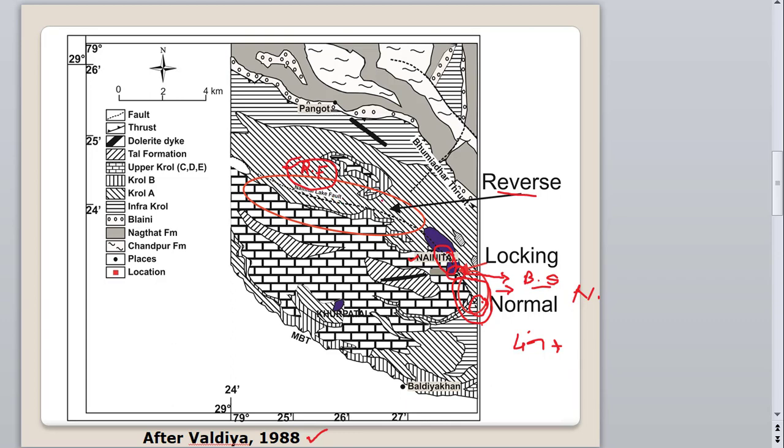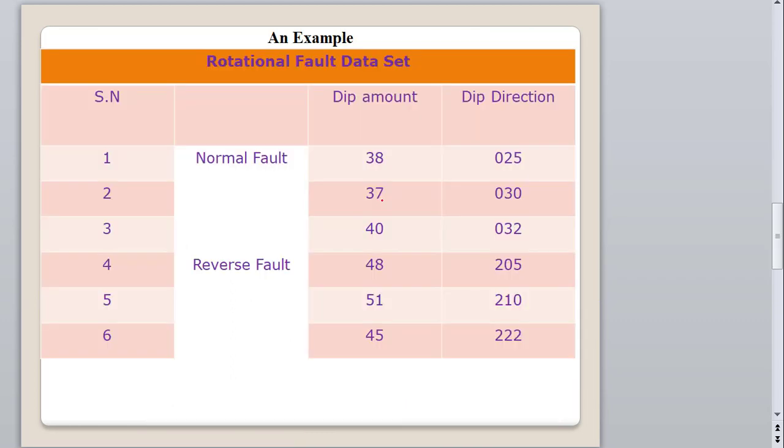In the case of this rotational fault, we can't identify a definite fault plane, but we can define the strike of the fault plane. This is arbitrary data, just to calculate or plot the stereographic projection.